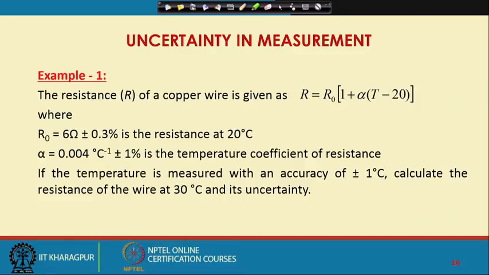First example we consider is about the resistance of a copper wire. The resistance, which is represented as R of a copper wire, is given as R equal to R 0 into 1 plus alpha into T minus 20.